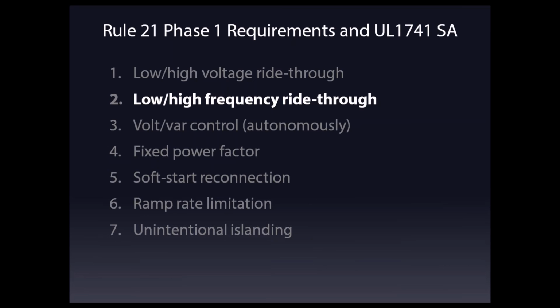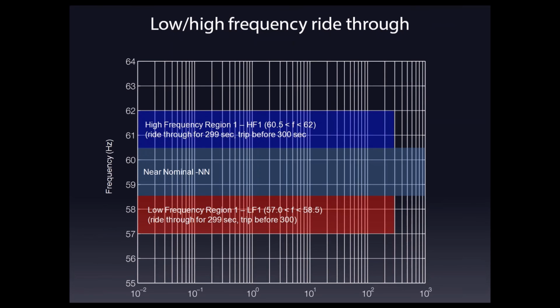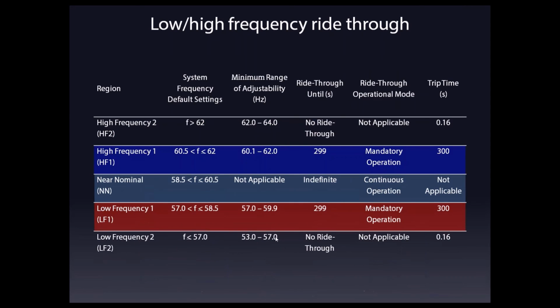Similarly, there is basically another way to do high and low frequency ride-through, similar to low voltage ride-through. Basically, here is just a slightly different definition of the frequency regimes. We have a near nominal regime where we basically have to provide mandatory operation, and then we have high frequency region 1, and then high frequency and low frequency region 1.